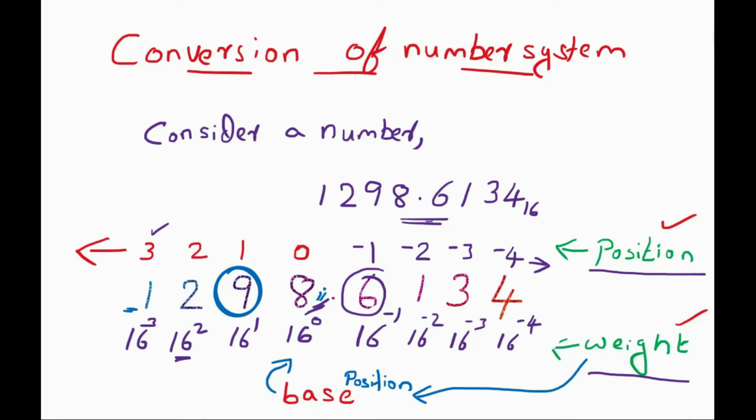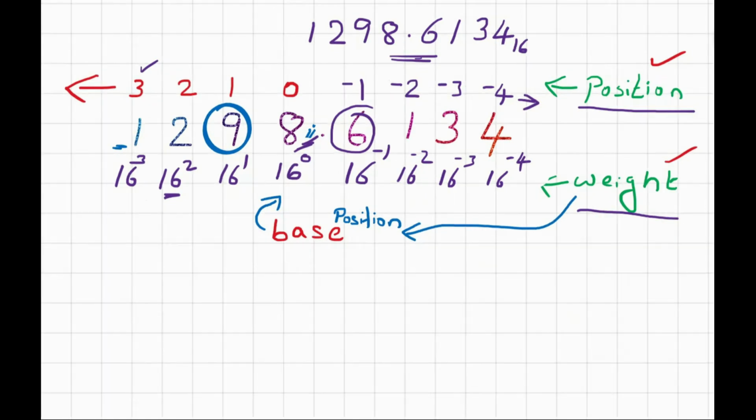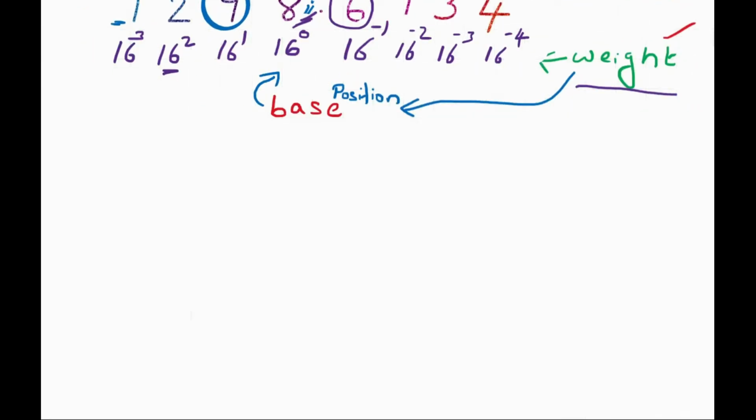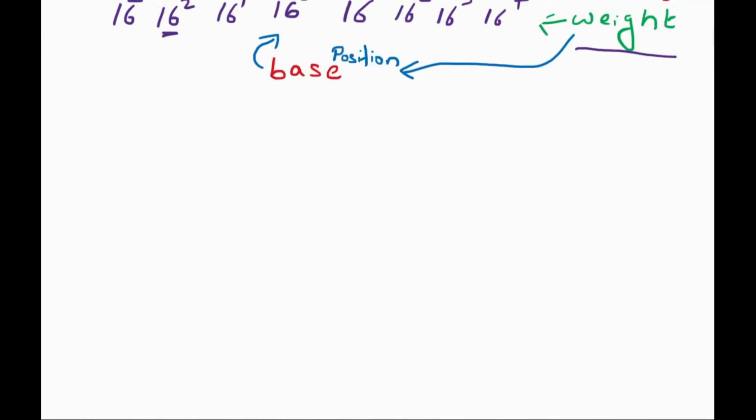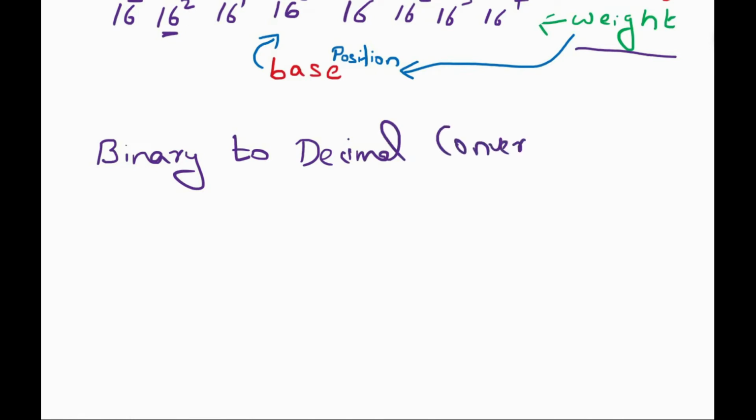So we will move to the conversion. First, we will see binary to decimal conversion. So first, we will take a binary number.